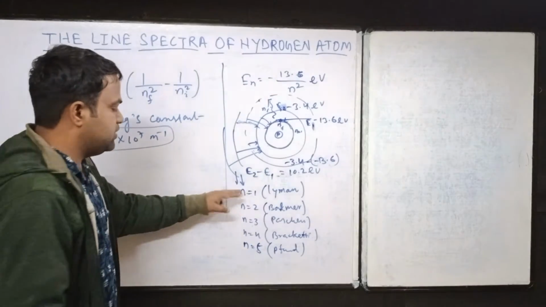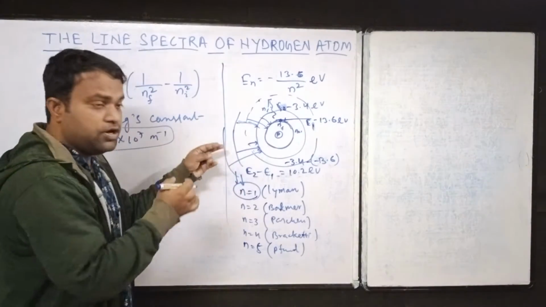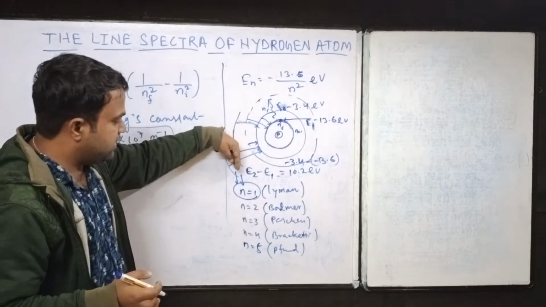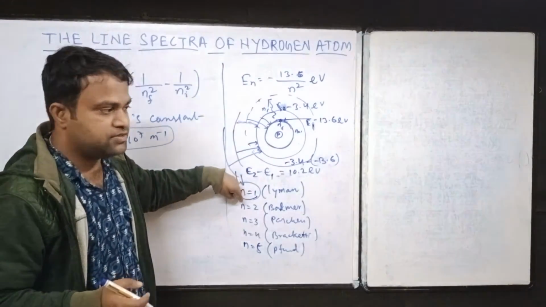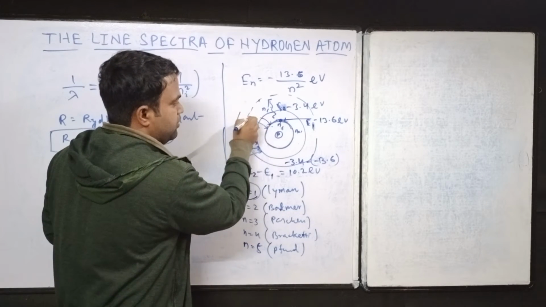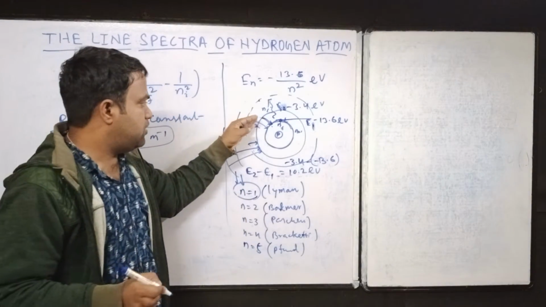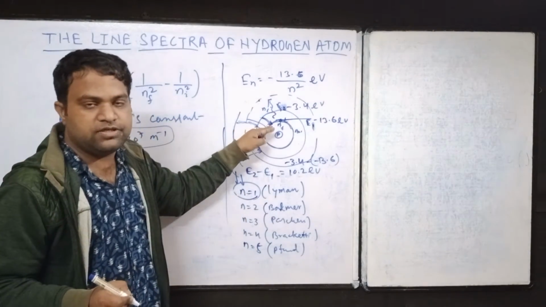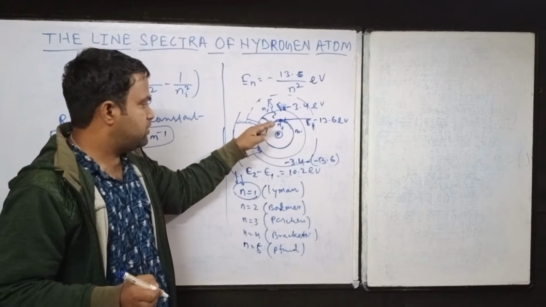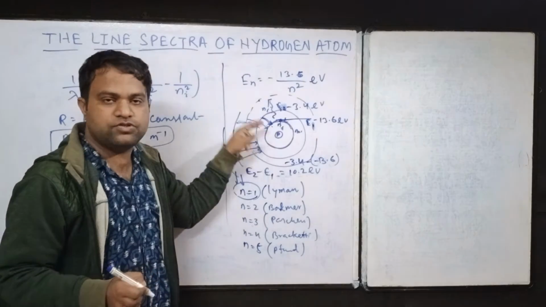So n equal to 1 means what? When all the radiation is to the first orbit, then this is your Lyman series. When the electron is jumping from a higher orbit to the first orbit, the final nf is 1.